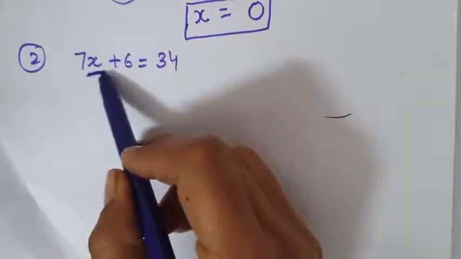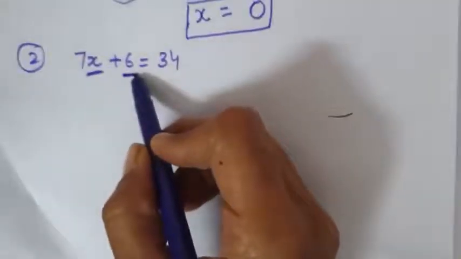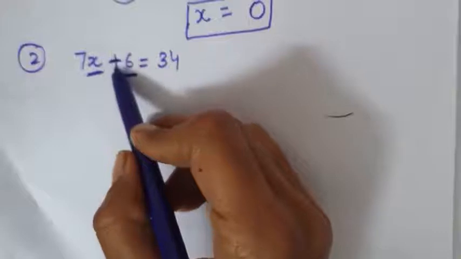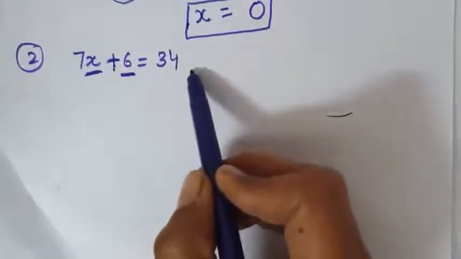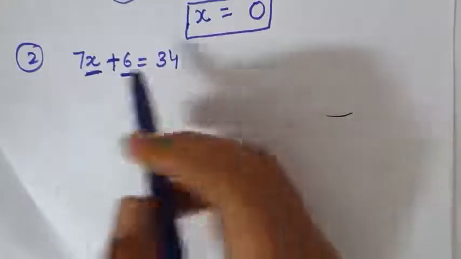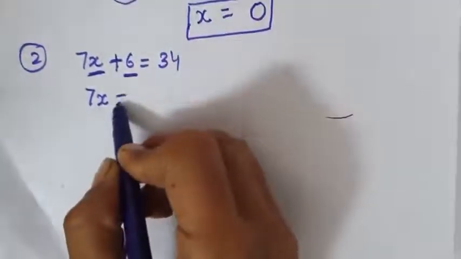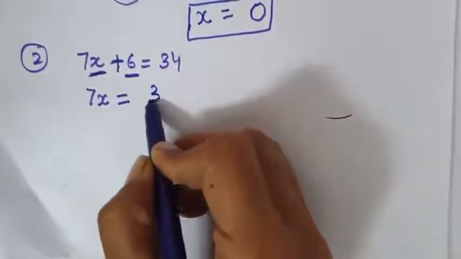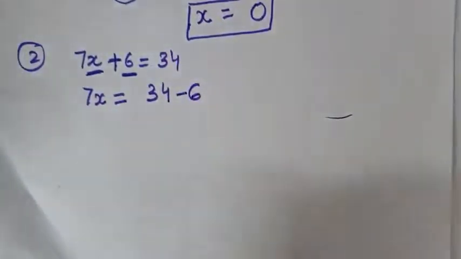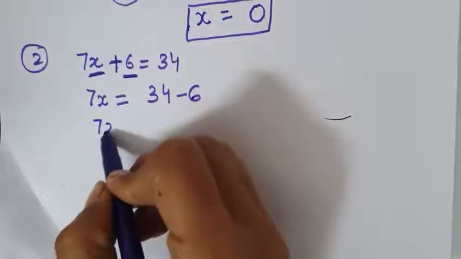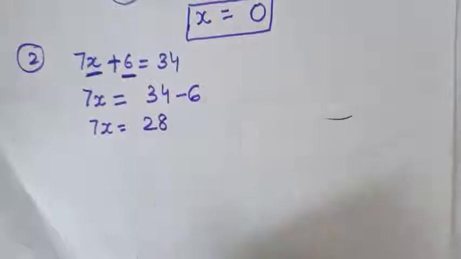So the first step is shift this 6. Now it is getting added over here. When it will get shifted to there, it will get subtracted. So we get 7x is equals to 34 minus 6. Clear? So now 7x is equals to 28.